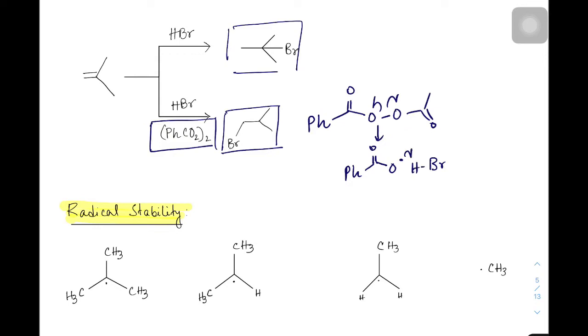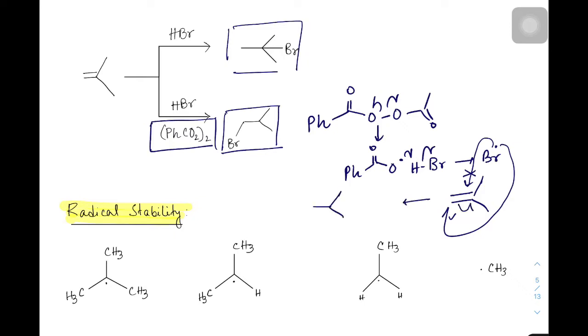takes H dot and generates a Br dot in this reaction medium, and the Br dot generally attacks the less hindered position. It cannot attack there because it is more hindered, and after addition in this way the electron will push back and the intermediate will be like this.